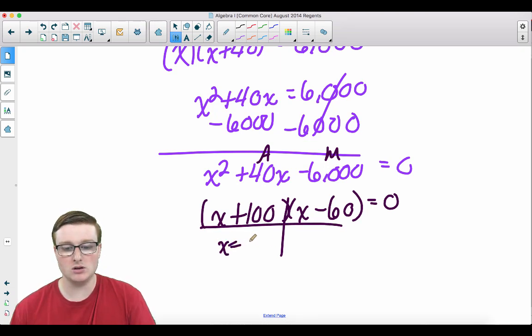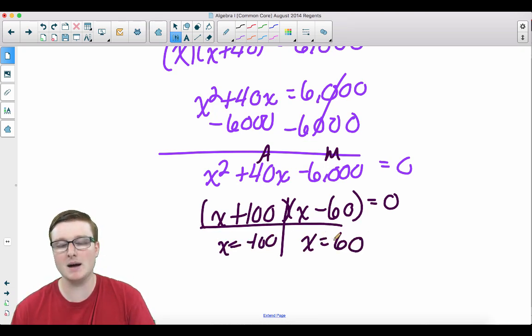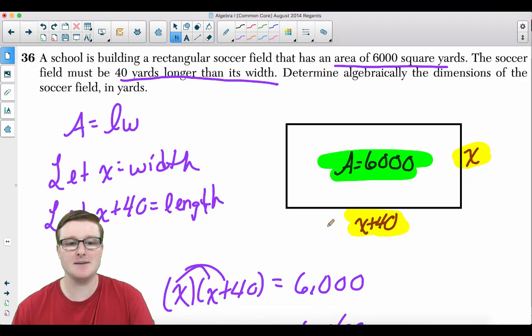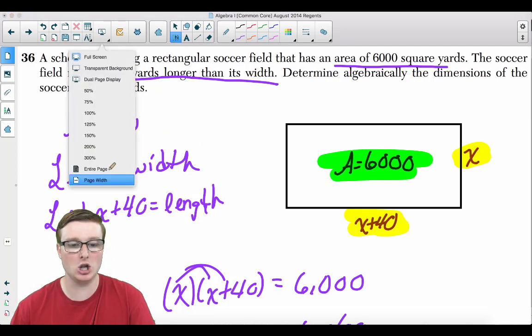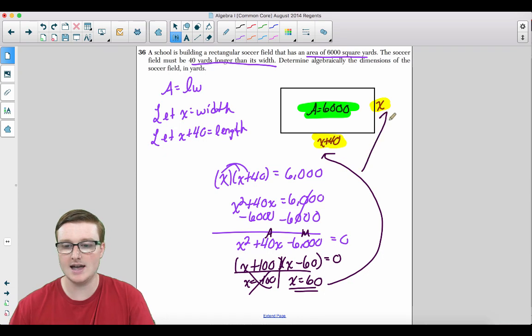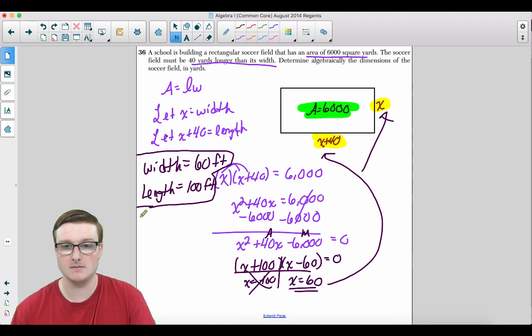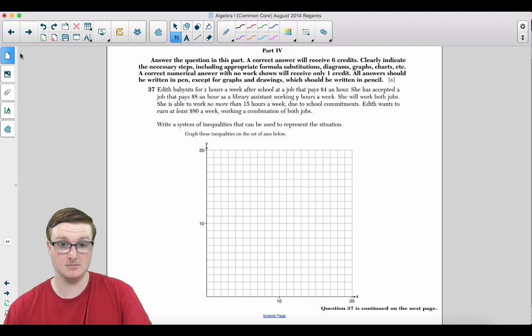T-bar it and solve. x could equal negative 100 or x could equal 60, but we are working with length, so negative numbers make absolutely no sense. So your x value is 60. But it's asking you for the dimensions of the soccer field. So you're going to take the 60 and plug it in here and here. So your final answer is the width is equal to 60 feet and your length is equal to 100 feet when you plug those values in. And that's it. All right. Moving on to question 37.